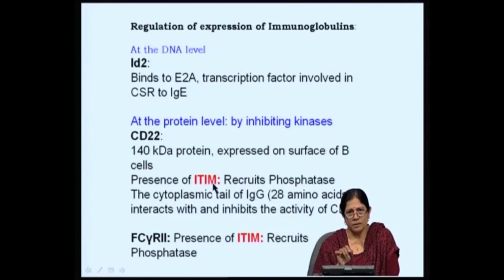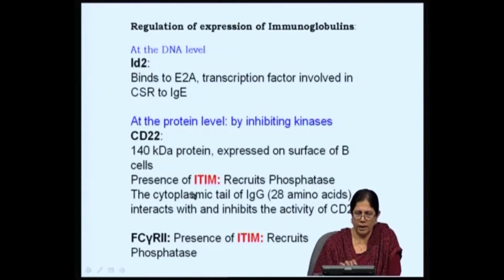Remember ITAMs and ITIMs. When I was talking about signaling in B cells, I talked about ITAMs. ITAMs are immunoreceptor tyrosine based activation motifs, and ITIMs are immunoreceptor tyrosine based inhibitory motifs. Now, both ITAM and ITIM get regulated or activated by way of phosphorylation, but while ITAM recruits kinases, ITIM recruits phosphatase.